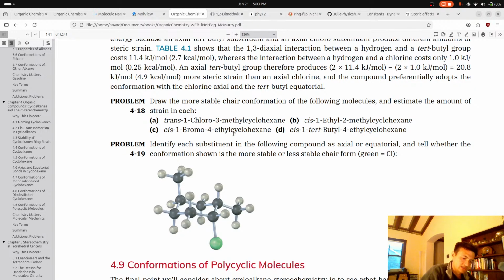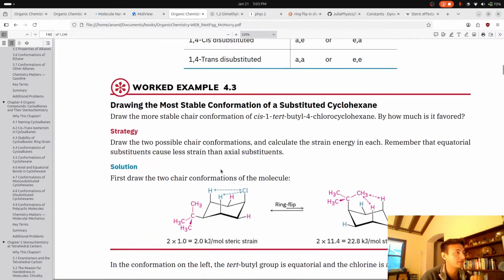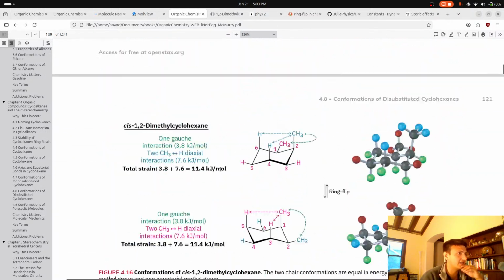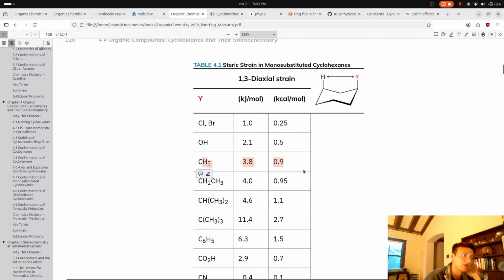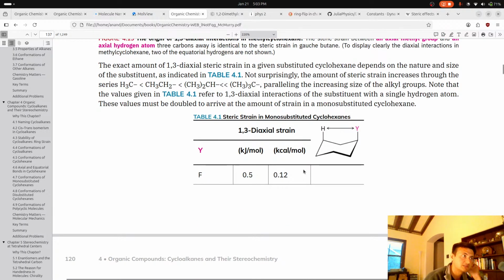So we have a 1, 2. Presumably the ethyl needs to be equatorial because ethyl is 4 and methyl is 3.8. And then gauche is symmetric, right? So it doesn't actually matter what the gauche is.